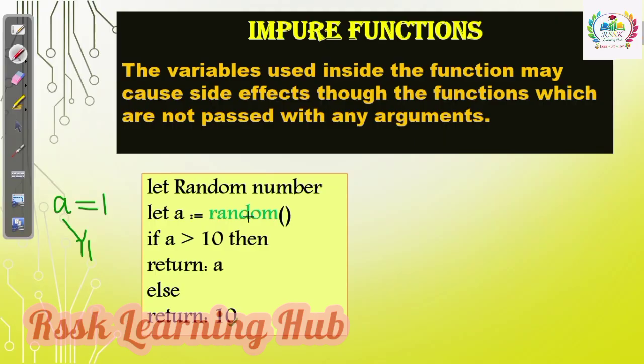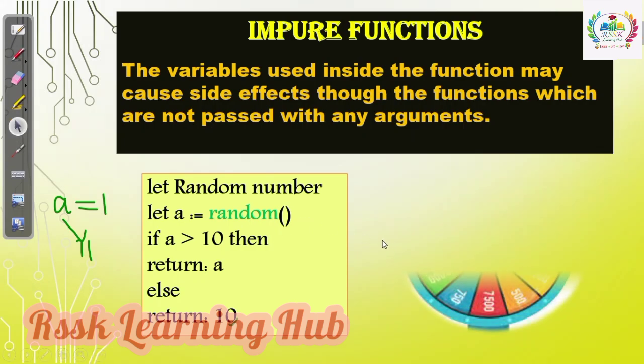A pure function means you know the value you pass and the output you are going to get. But in an impure function, the value may change because of variable usage and assigning values to your variable. This is the difference between pure and impure functions.